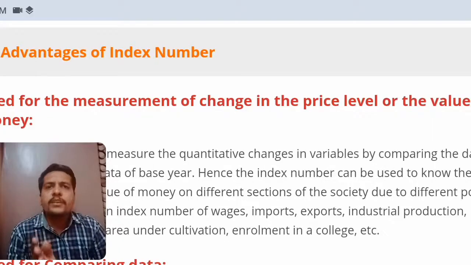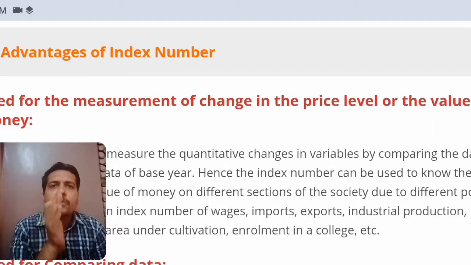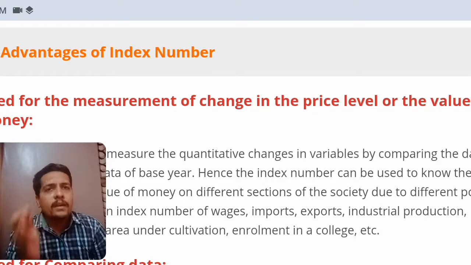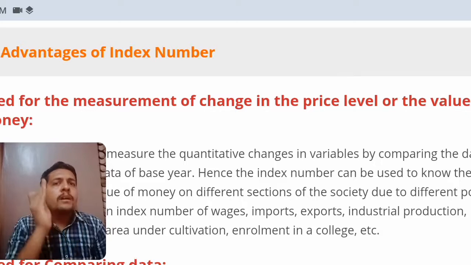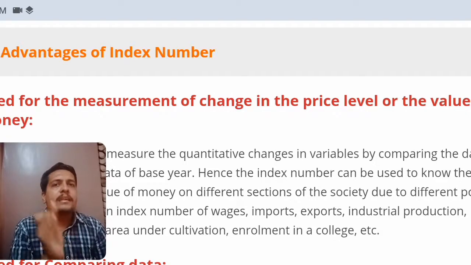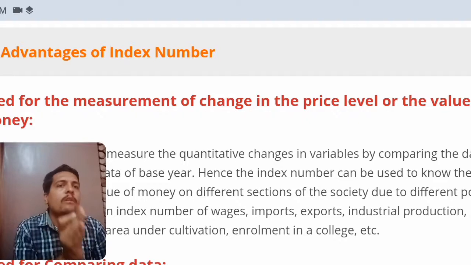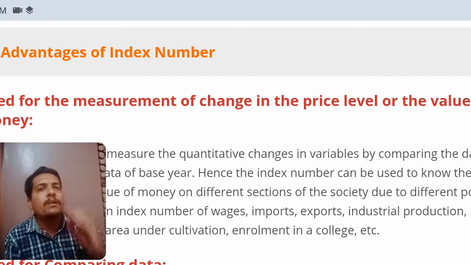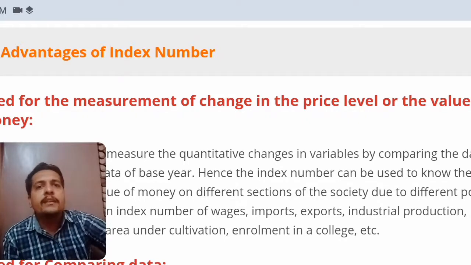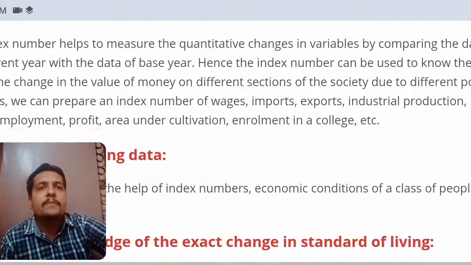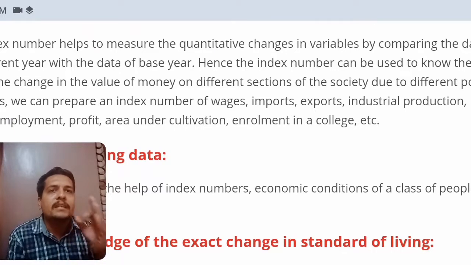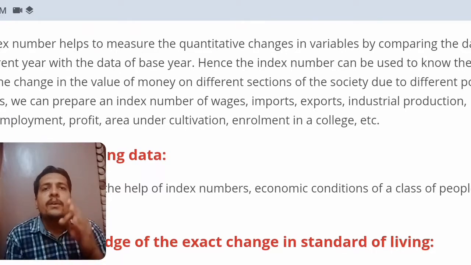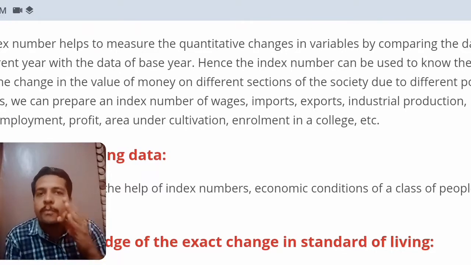So after studying the features and characteristics of index numbers, now we are going to study the advantages of index number. The first advantage of index number is that it is used for the measurement of change in the price level or the value of money. Index numbers help to measure the quantitative change in a variable by comparing the data of the current year with the data of the base year.